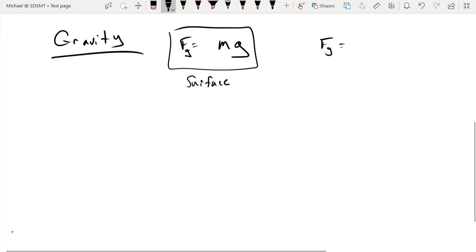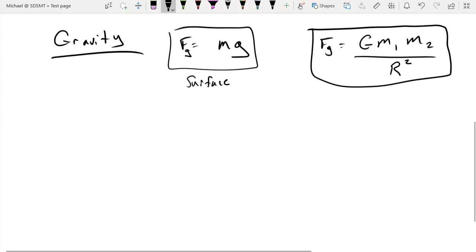But then we had another scenario where we got really far away from the Earth, or we didn't even necessarily have to be dealing with the Earth. We could be dealing with any two masses out in the universe, and there would be a gravity force between them. So I guess we could say mg at the surface of Earth, and we'll say this other expression everywhere else.